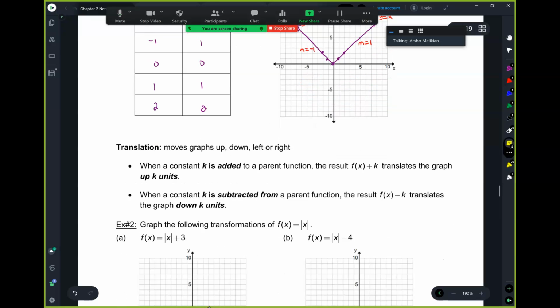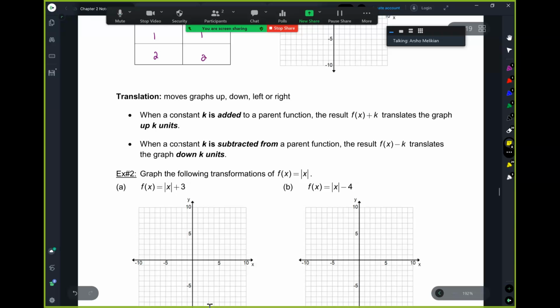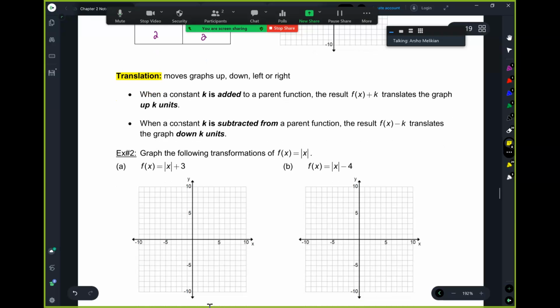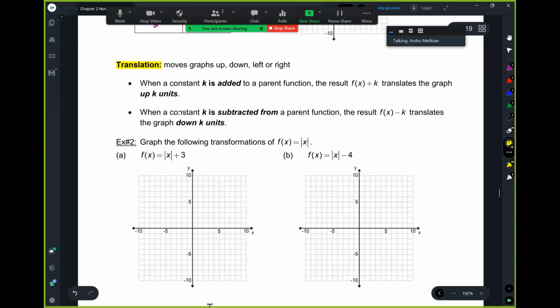Okay. Let's talk about translations. A translation just moves the graphs without doing any other changes to it: up, down, right, left. It's like if I were to take a chair and physically just displace it left, right, up, down. I don't make the chair bigger, smaller, wider, narrower, or flip it or turn it, nothing. That's a translation. Now, how can we show a translation in the function?